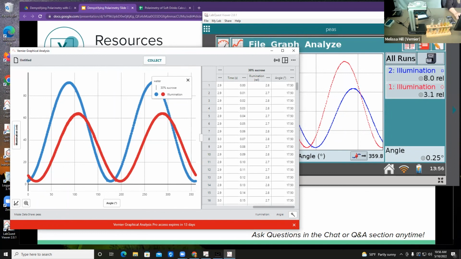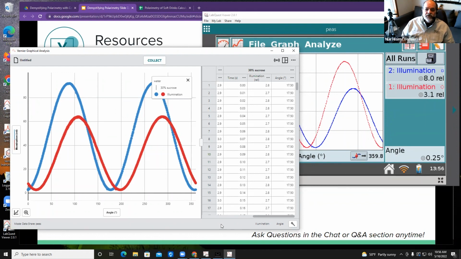What other questions have come up or have people had? Nothing new since the last one we talked about with Logger Pro. But one thing I want to point out is that what Melissa just did is a workaround using a LabQuest to get the older chemical polarimeter data into newer software. It does require a LabQuest 2 or a LabQuest 3.